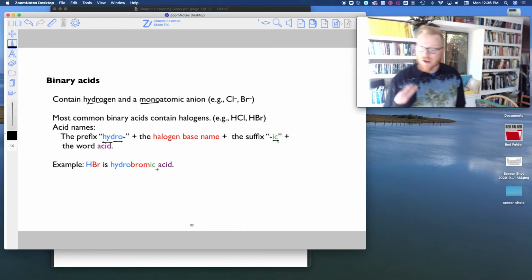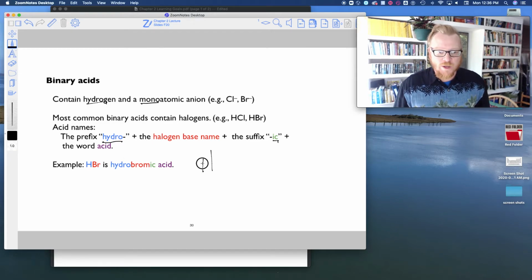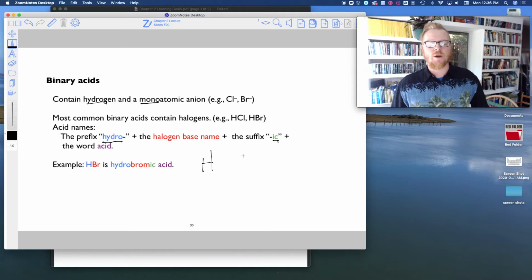And so the way we know that we use this scheme is always hydrogen. Hydrogen is always present in these binary acids. Okay? I'll give you another one. What if I want to make a binary acid out of sulfate? Okay?